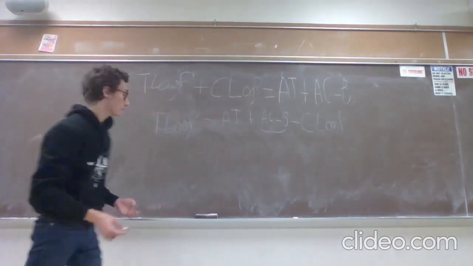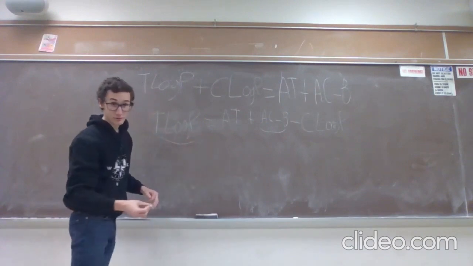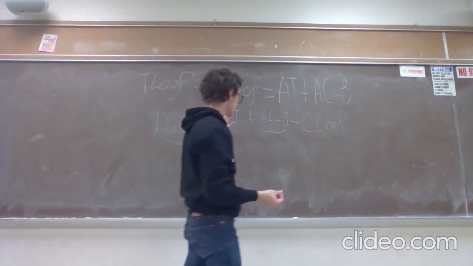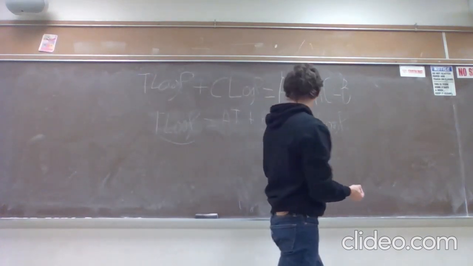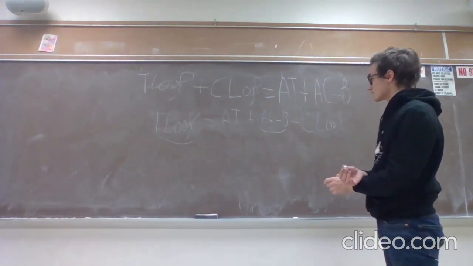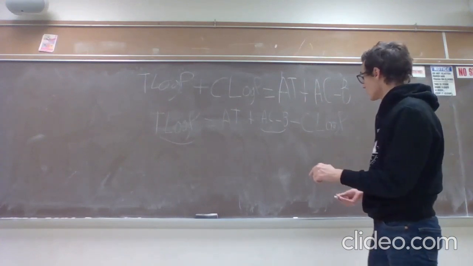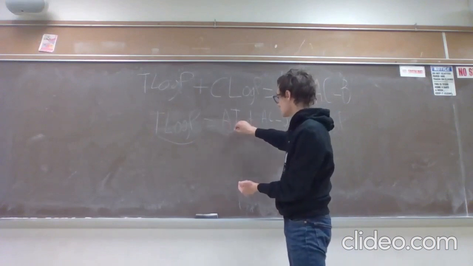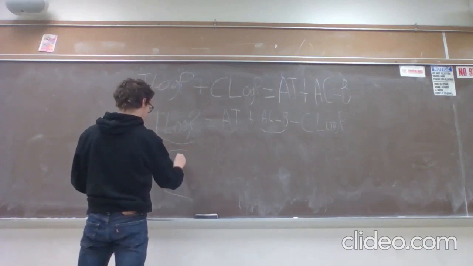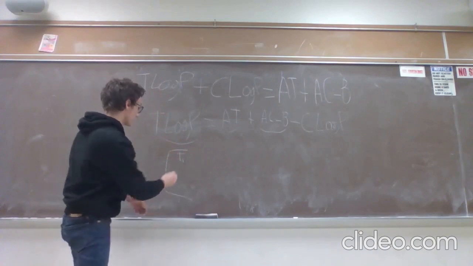So what we have here is T log P, which are both known, equals AT plus AC minus B minus C log P. And from here, we can work and design our matrix. So what we have here, AT. We have T, T1, in which there would be a long line of T's.